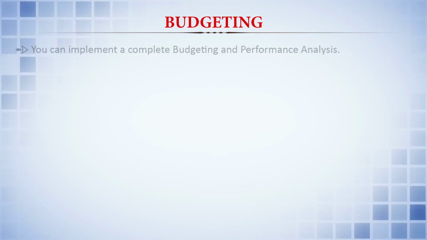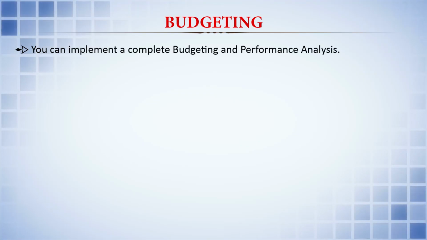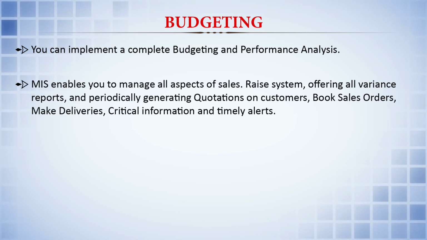The next important factor is the budgeting factor. This is essential for each and every organization. You can implement a complete budgeting and performance analysis using this MIS system. This may be a part of your financial module, which we saw in the earlier slide. MIS enables you to manage all aspects of sales, offering all variance reports and periodically generating quotations to customers, booking sales orders, making deliveries, with critical information and timely alerts.